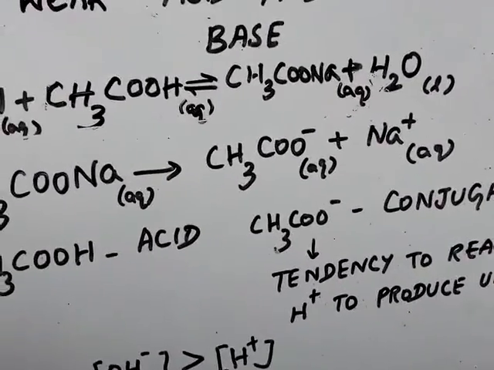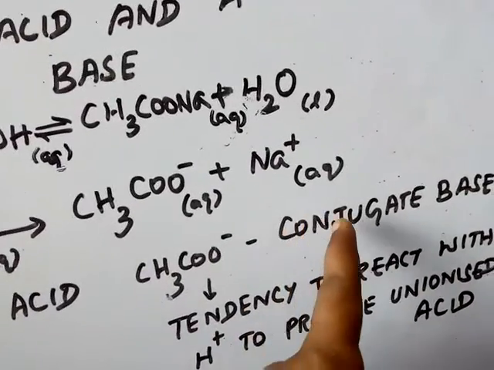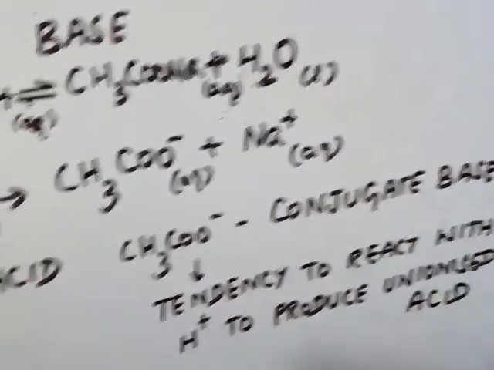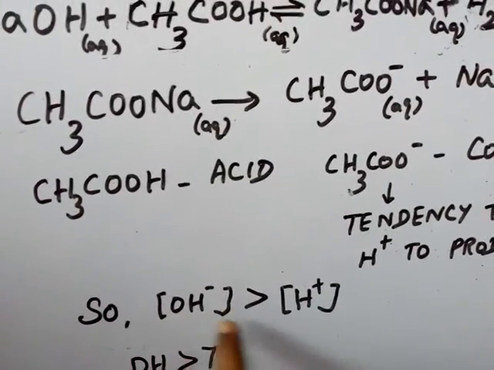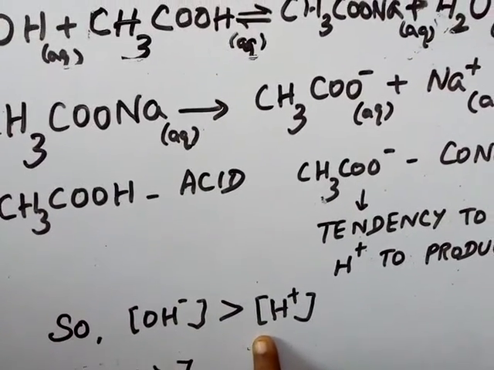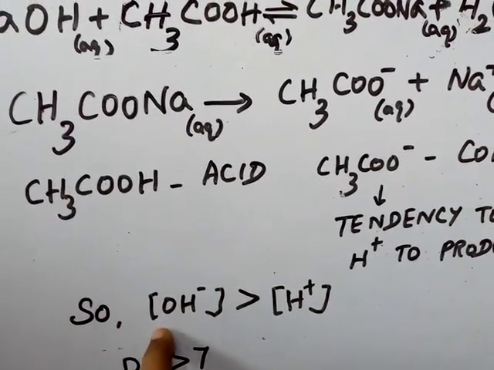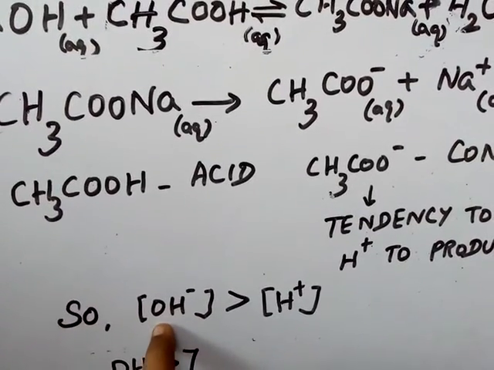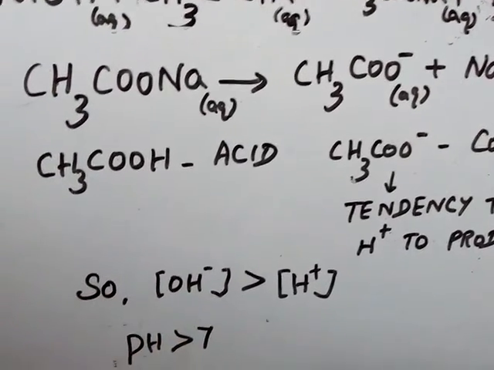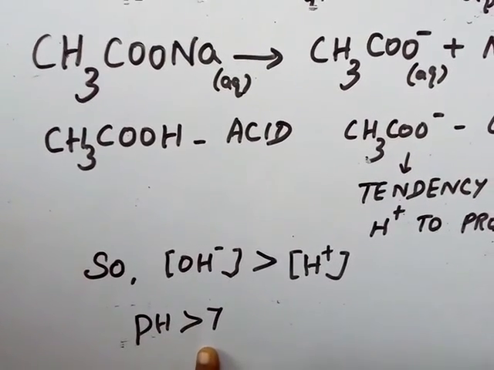When it comes from a weak acid, it has this tendency. That is why the hydroxyl ion concentration is more than the hydrogen ion concentration. Whenever we use the word hydroxyl ion, it shows that it is basic in nature. So for a base, pH is always greater than 7.